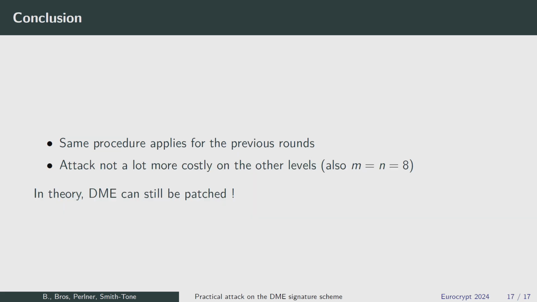So to conclude the talk, I just apply the same procedure for the other rounds, especially because the other AI matrices have the same shape, so we'll only have to consider either bilinear or linear systems. And also, it turns out that the attack is not a lot more costly for the other security levels. This directly comes from the fact that for these security levels, I also have m equal n equal 8.